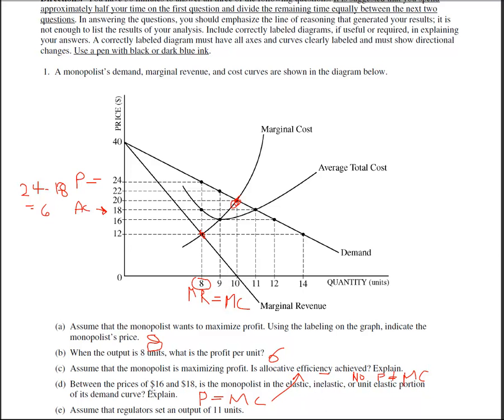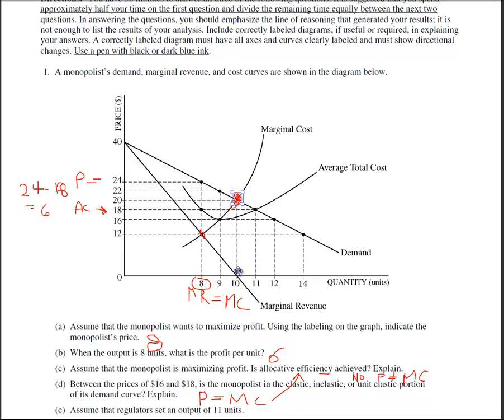Okay, between the prices of $16 and $18, is the monopolist in the elastic, inelastic, or unit elastic portion? Well, let's see. Notice right here where marginal revenue is equal to 0, straight up.